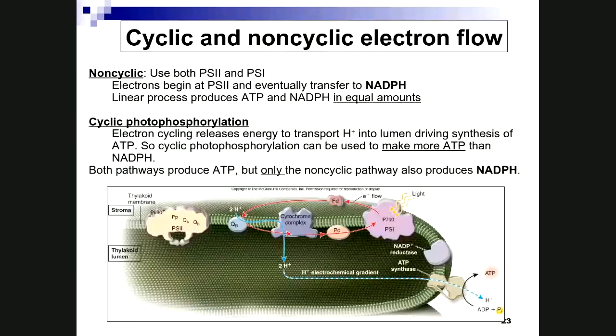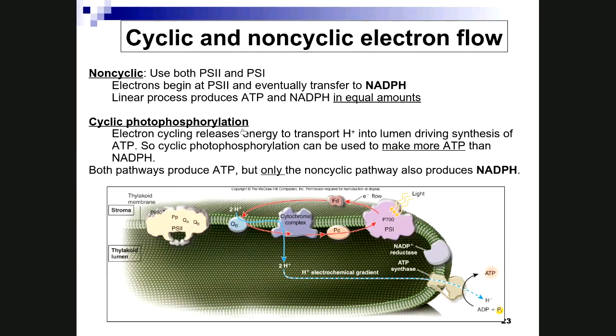But sometimes we need to produce more ATP than NADPH. We don't need to make more NADPH than we need. So there's a way of shutting down the production of NADPH, and this is what we call cyclic photophosphorylation.